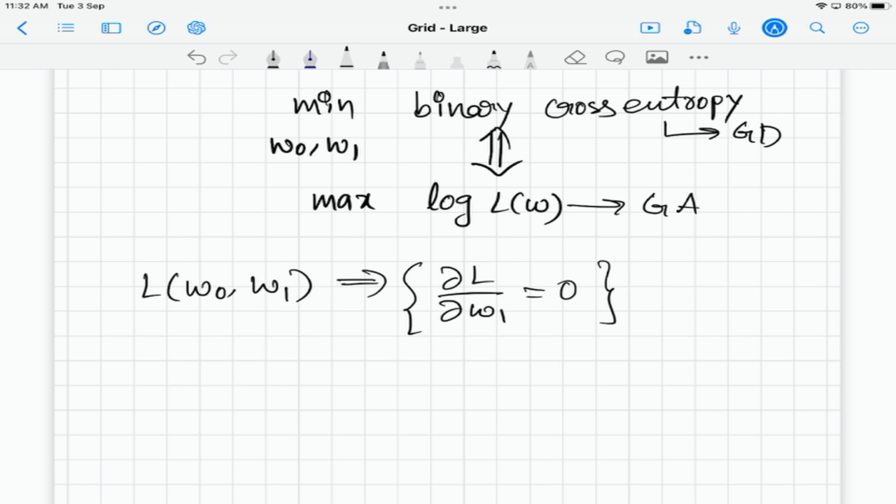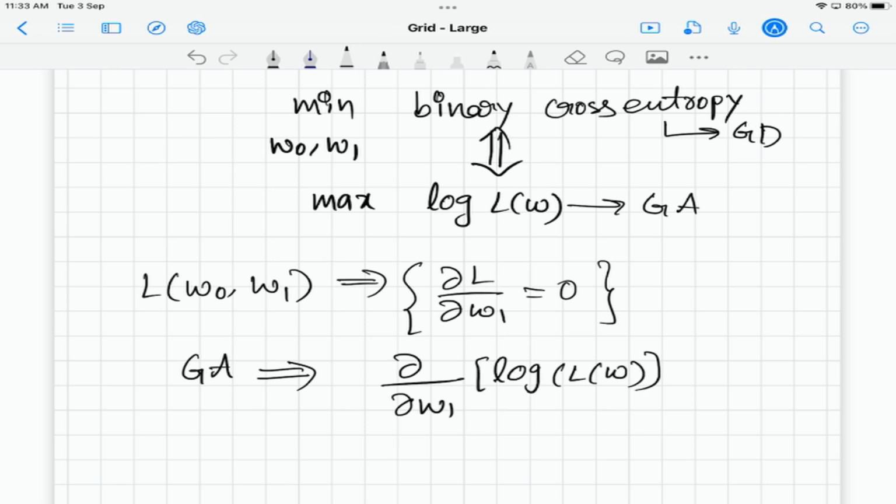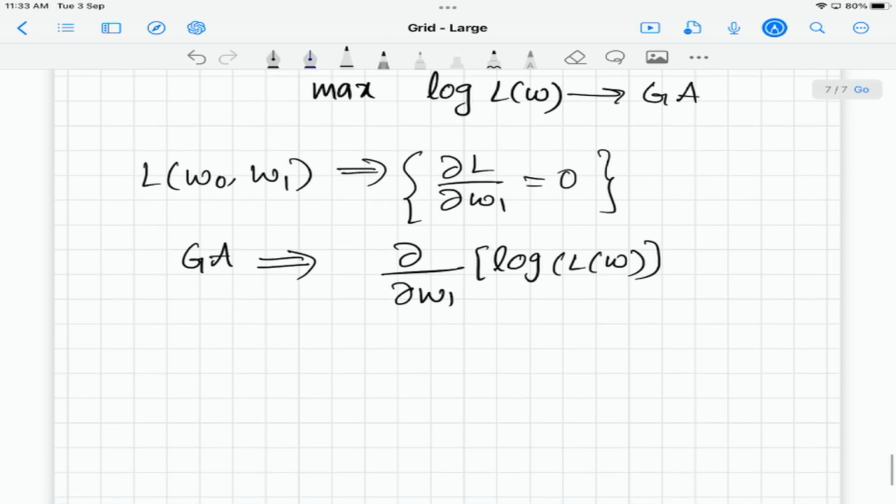Is this fine? Okay, so now if I have to apply gradient ascent, then what should I do? I should derive my gradient with respect to log likelihood, because by maximizing log likelihood I have to learn my logistic regression model.